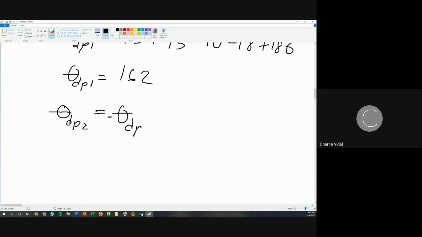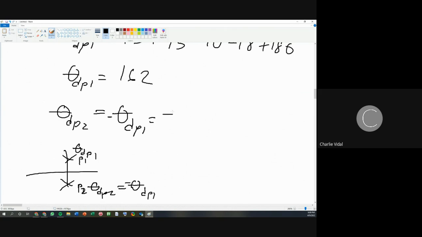If you ever have 2 points like this, it's just that one is flipped over the x-axis. You say this is P1, this is P2, right? Theta dp2 is just equal to negative theta dp1. So it's just always the inverse. So this is negative 162.